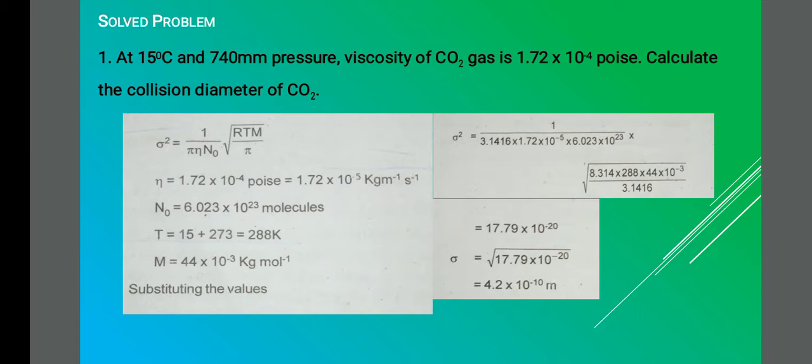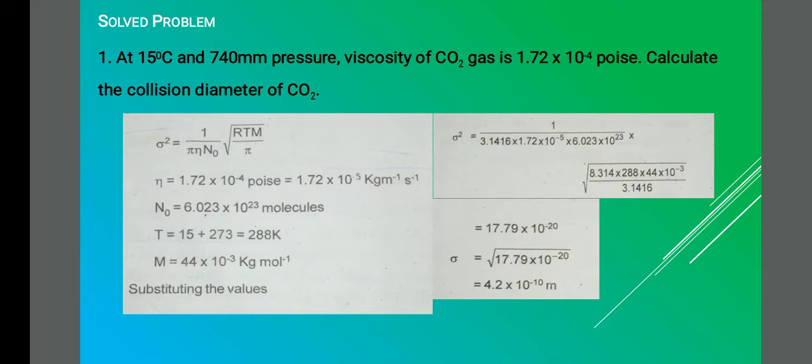Now you take and write all the values given. So eta is 1.72 into 10 to the power of minus 4 poise. We have to convert it to SI units, so it is 1.72 into 10 to the power of minus 5 kilogram per meter per second.